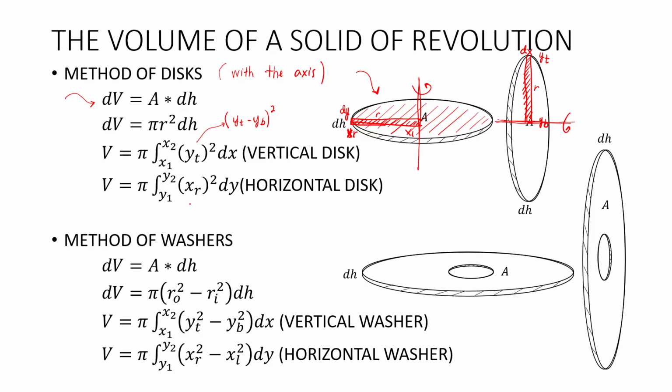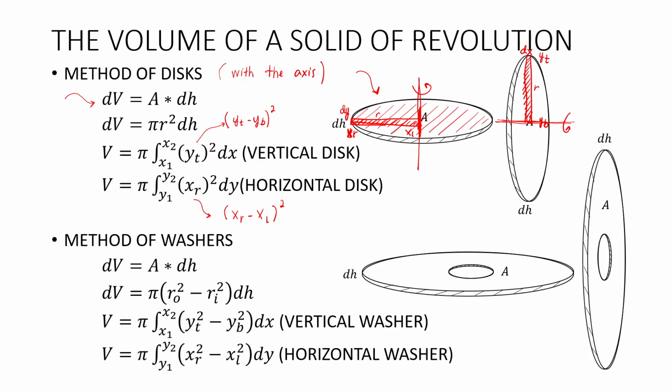So for your horizontal strip or horizontal disk, this is coming from x right minus x left squared. And again, notice that the left portion of your horizontal strip is touching the axis of rotation. So meaning it will become 0, and what is left in the equation is just x right squared.